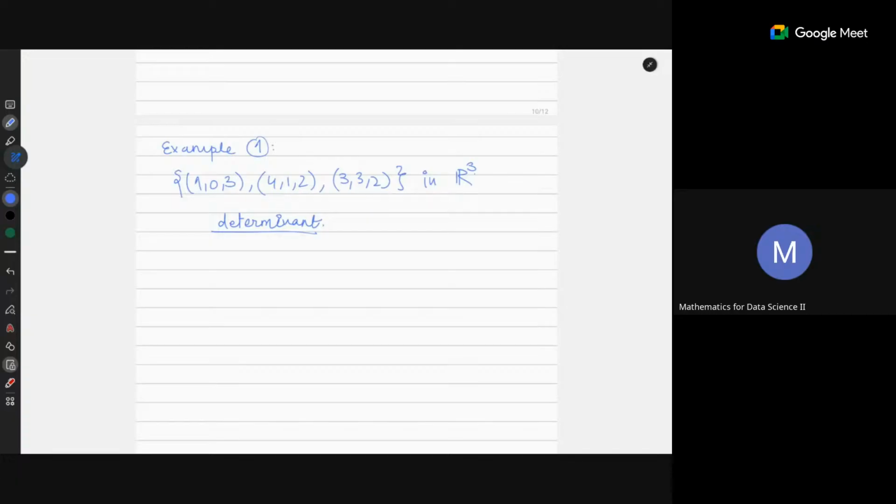Okay, so when you say three vectors are a basis in R3, what do you mean by that? Let's go step by step. So they are maximally independent. Maximally independent. Okay, good.